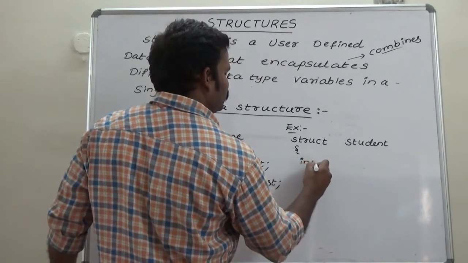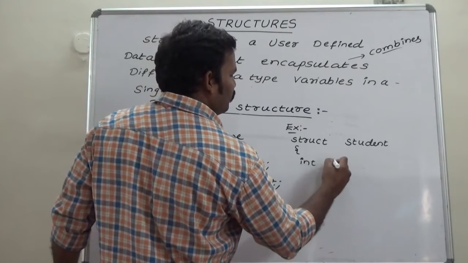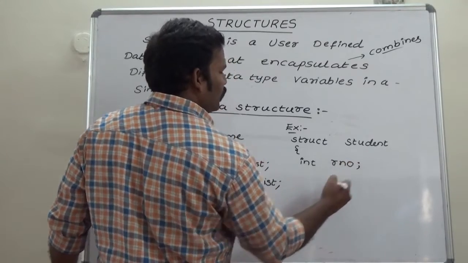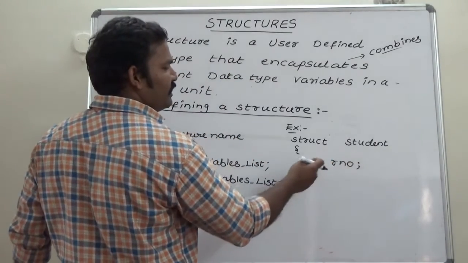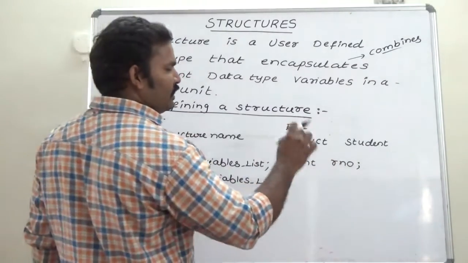First, I am declaring one variable of int type. The int variable name is RNO, roll number. The roll number variable is declared as int type, which means this variable can hold only integers.